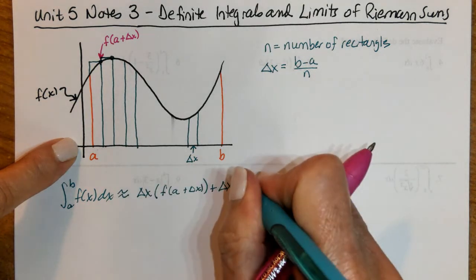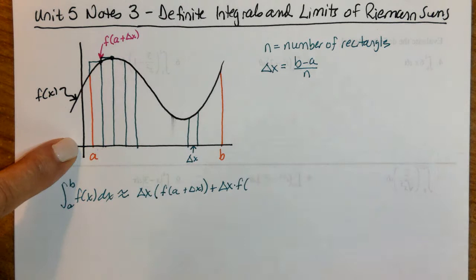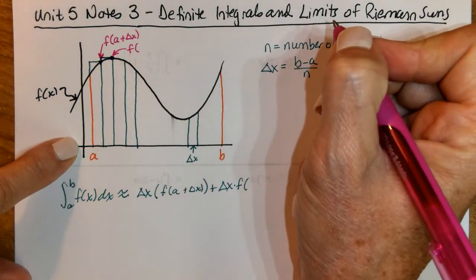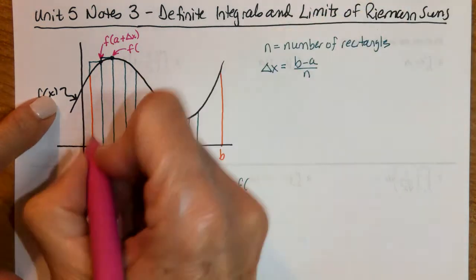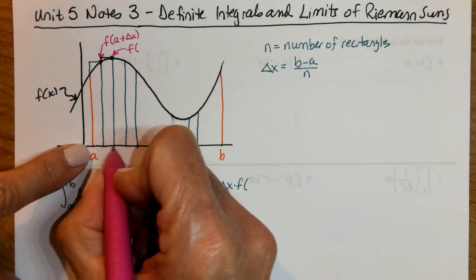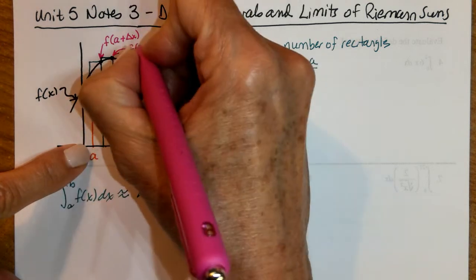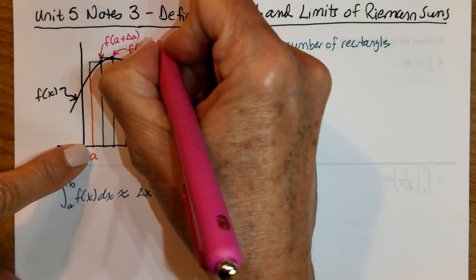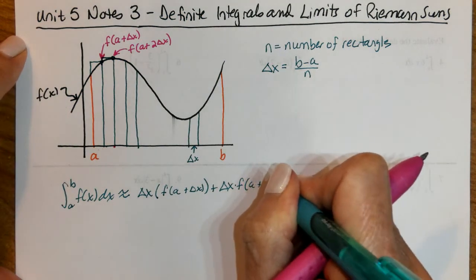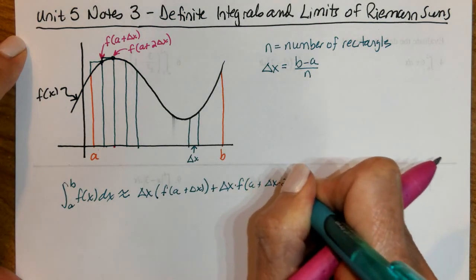Then I have f of, okay, so this height right here is f of what? What is that x value right there? Well, it's a plus 2 times delta x. So a plus delta x times 2.